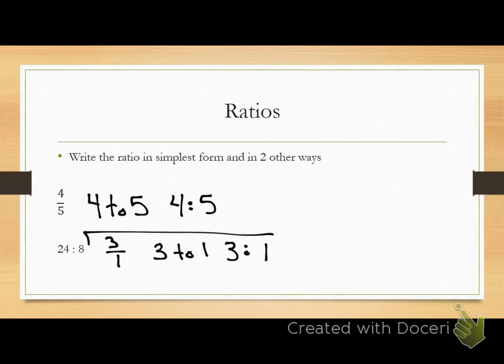All three ways because the original way was not written in simplest form. So if it's already in simplest form, you only have to write the other two ways. If it's not, then I'm expecting three different ratios in your answer, all written in simplest form. Did you get them? Okay, very good.